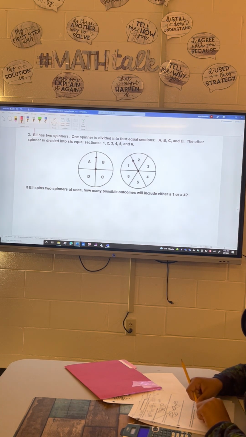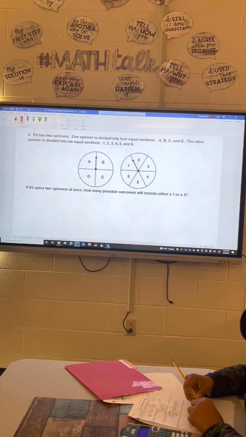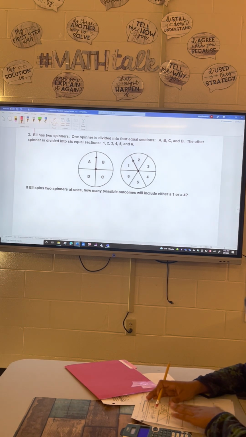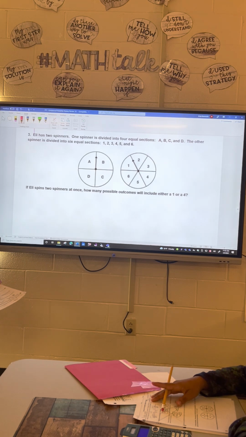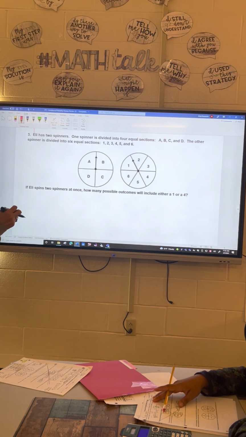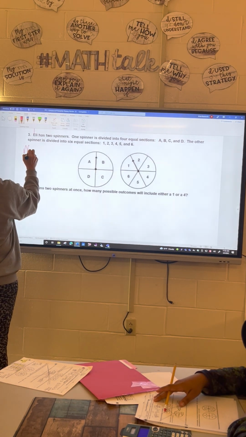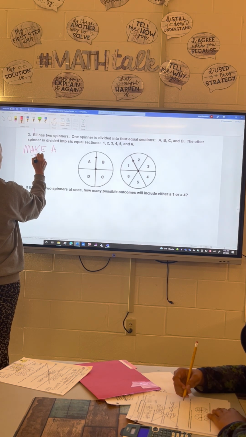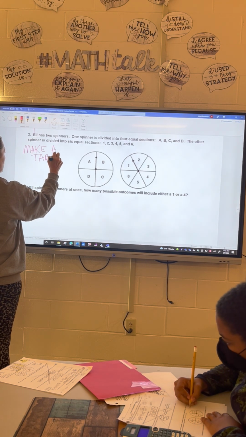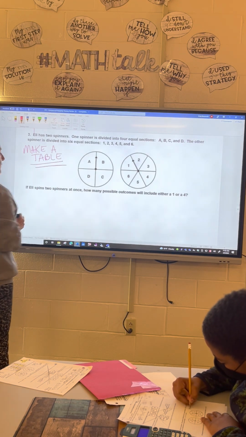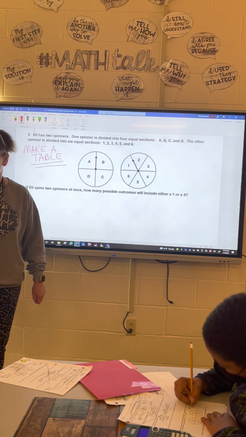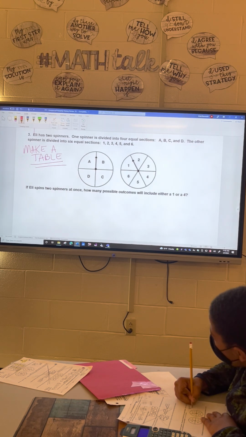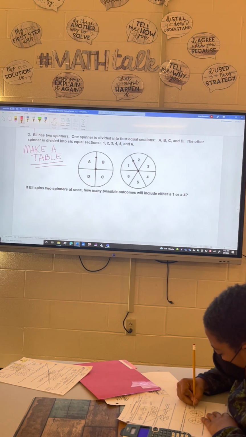And on these, with the 2 spinners, and there is one very similar to this on your test. When you have 2 spinners, in all capital letters, I want you to write, make a table. Make a table so that you can see the outcomes. Okay, so this is going to give us some practice on making a table.